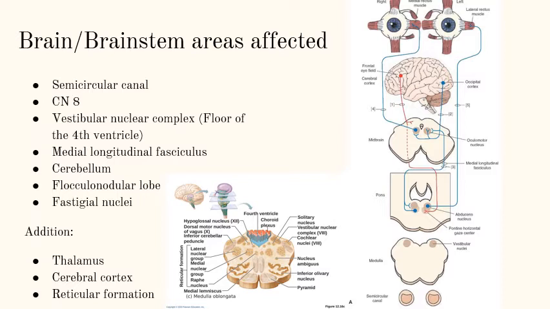A third motor neuron excites the extraocular muscles, causing conjugate eye movements that are equal to and opposite of head movements. This results in gaze stabilization during head movements.